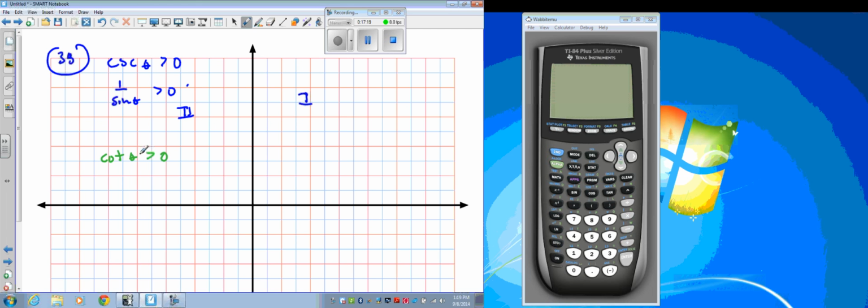In which quadrants is the y and x the same sign? 1 and 3. So in which quadrants are both of those true? So here's your answer. See how you do it? You take each one, identify which quadrants it's true in, and then see where the overlap is. Does that make sense?